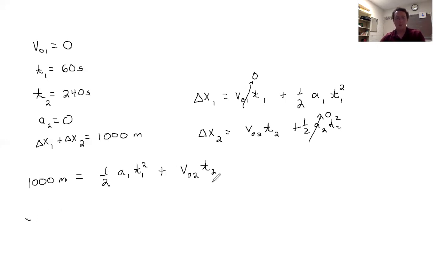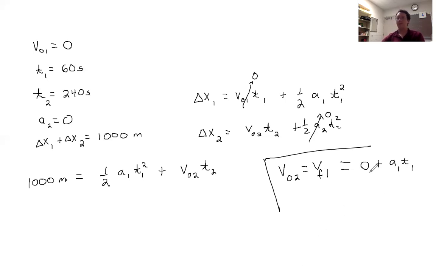So I'll write that over here. Note, V initial for part 2 is nothing other than the final velocity for part 1, which means I can use kinematic equation 1 for that. And that would simply tell me that that is 0 plus acceleration for part 1 times the time for part 1, using the first kinematic equation, and part 1 starts with 0 initial velocity.